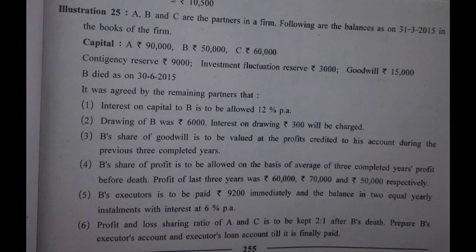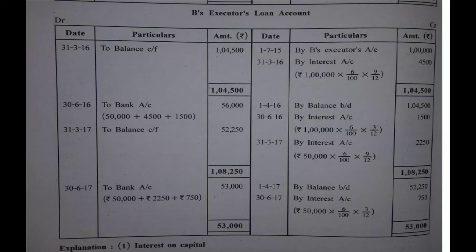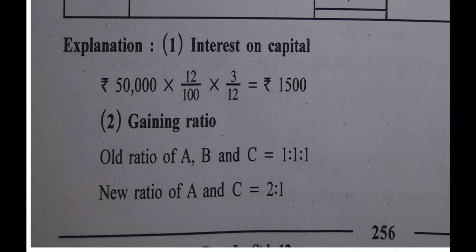50,000 is given in the question. How much interest is to be given? 12% per annum. Annum is 12 months, a year. So 50,000 into, you can see interest on capital here.